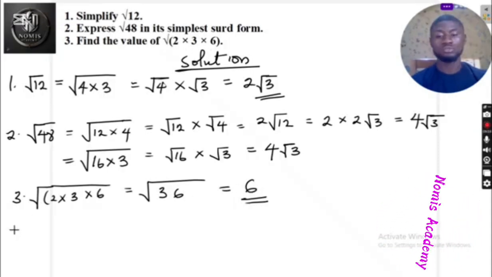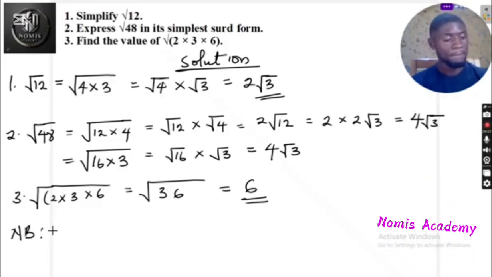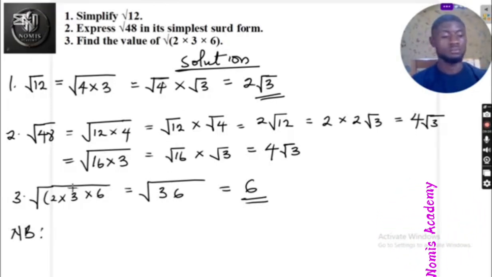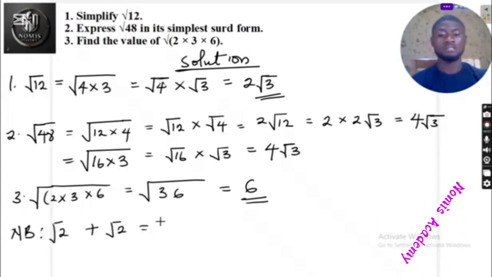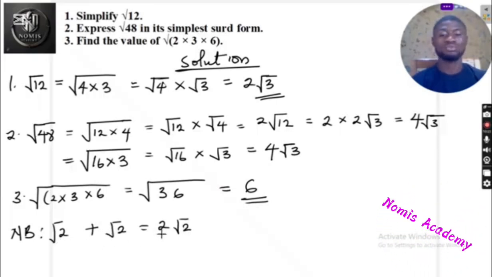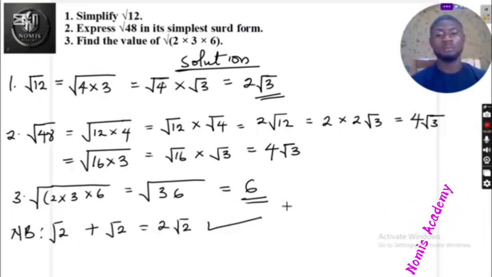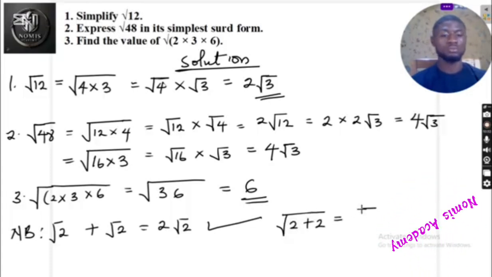Now I want you to take note that root 2 plus root 2 is 2 root 2. I have 1 root 2 plus another 1 root 2, which is equal to 2 root 2. But I cannot say root 2 plus root 2 is equal to root 4.